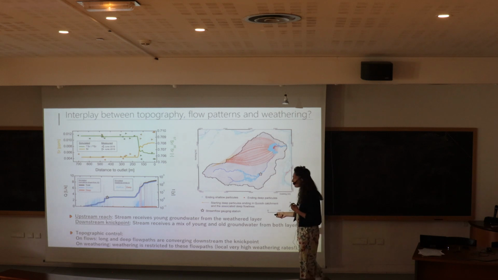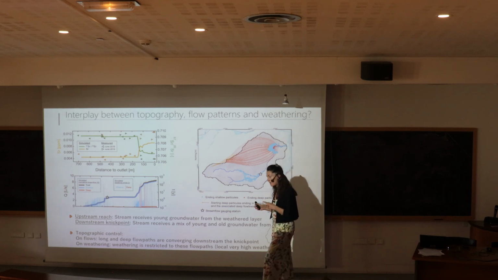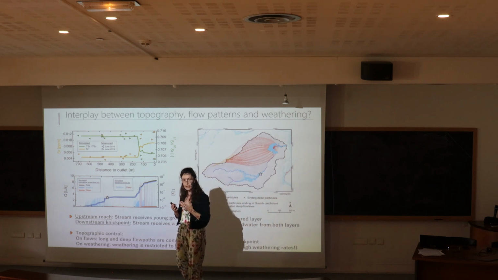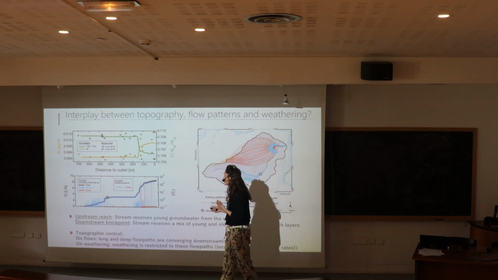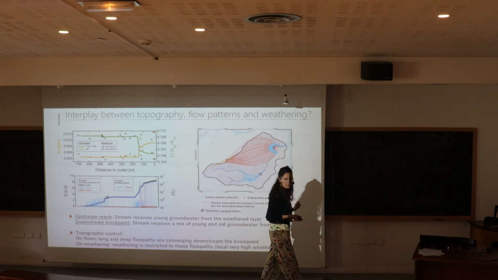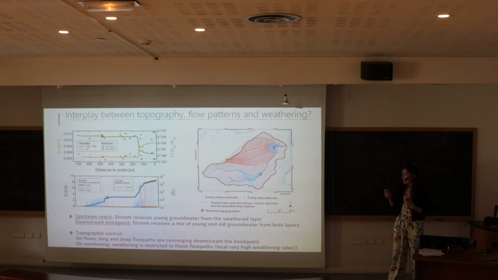However, when you get to the downstream part of the catchment, you can see that there is groundwater getting out of the ground and into the river that is much older, with groundwater ages up to 100 years reaching the streams. So that's what we can only get with simulations.